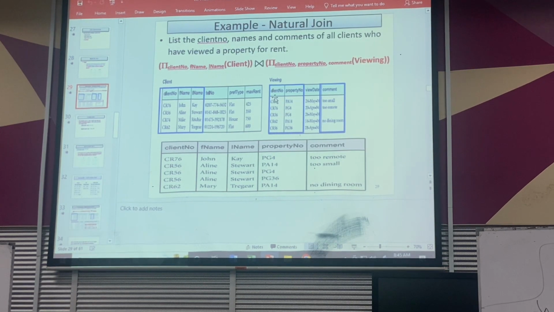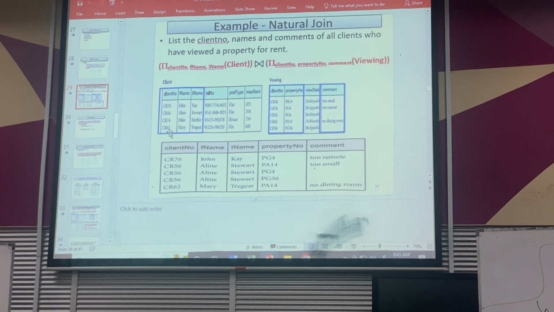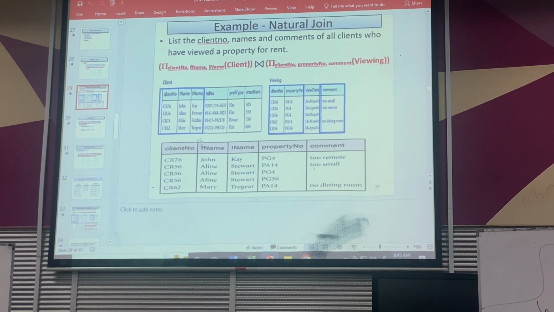CR56 got 2. CR74 doesn't have, so CR62 got. So only 76, 56, 62. 74 is not there, so just join. Natural join, foreign key, primary key. Then we go for the next one.